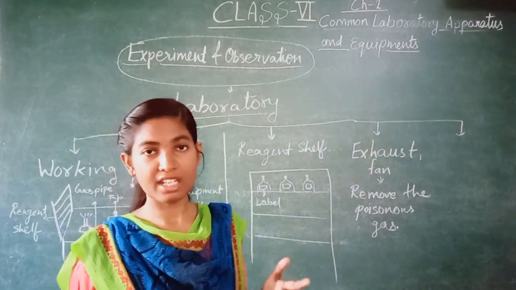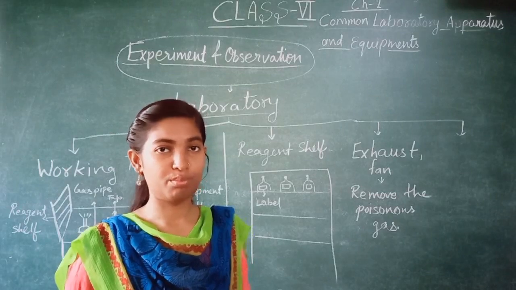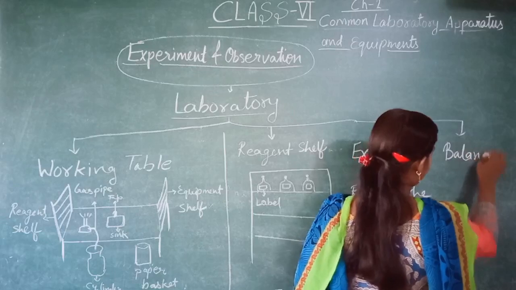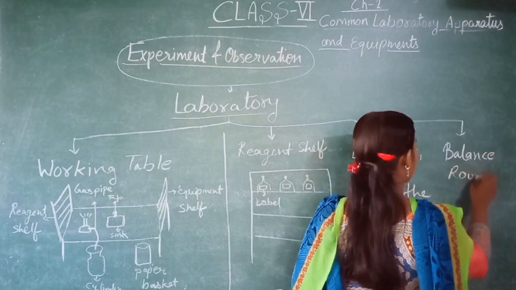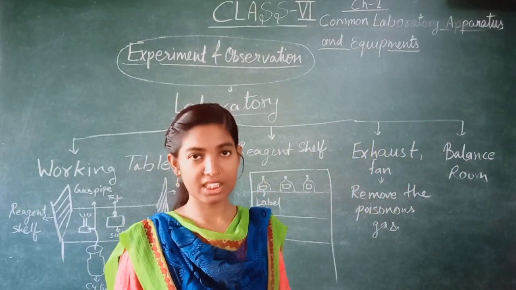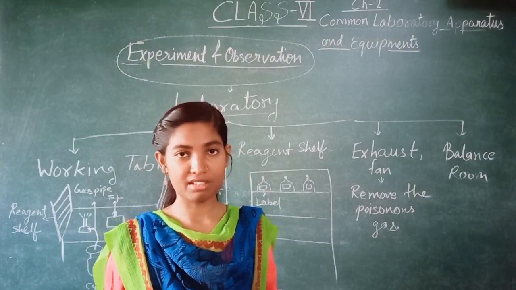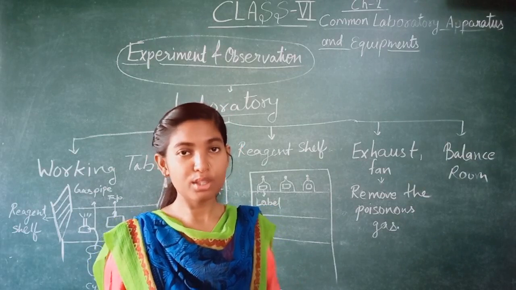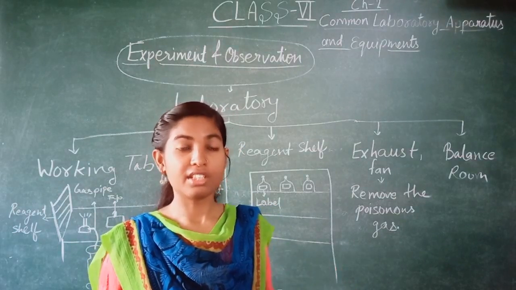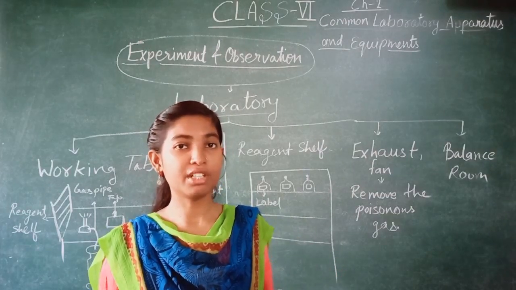Now the next and last thing needed in our chemistry lab is the balance room. Now what do we mean by balance room? Balance room means we are doing balancing here. Balancing means we are measuring the weight. If we need to measure some chemical, 2 gram, 3 gram. So in this room, some measurement equipment is kept. It can be physical measurement equipment, it can be chemical measurement equipment.